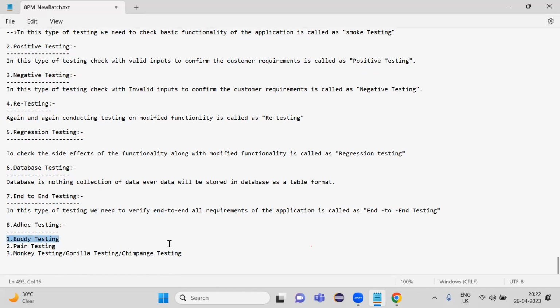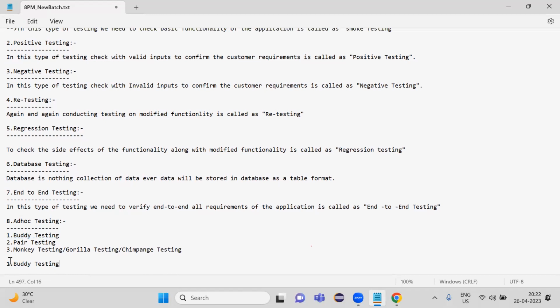Okay, we'll see one by one. What is buddy testing, guys? Buddy testing means who has to test? As a test engineer, we have to test. Coming to pair testing, pair is nothing but two persons. Two test engineers have to work on the same module.